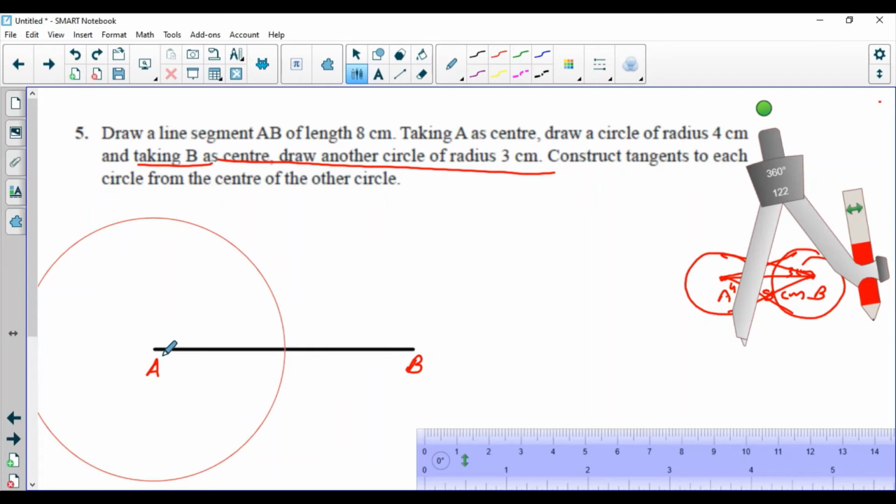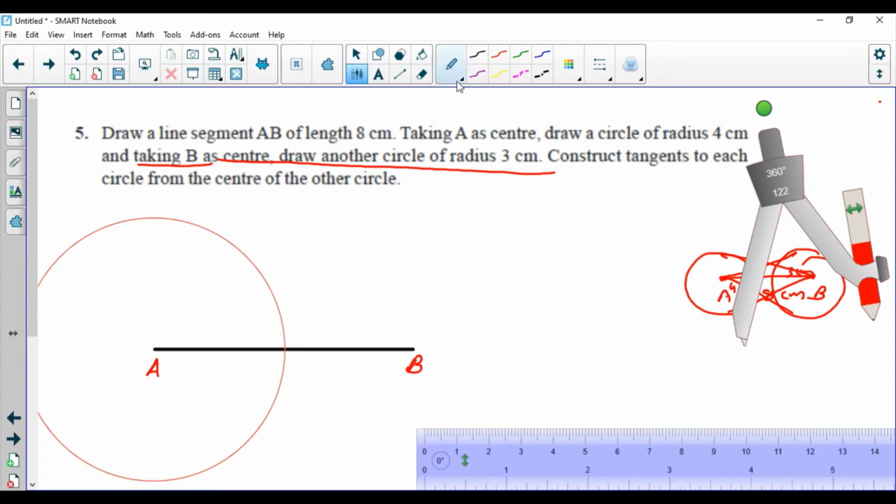And now A you have to treat as an outside point. Are you getting? Okay, so we will do the same steps as we did in question number 1. First we draw a circle with center A and B will be the outside point. From B we can draw the tangents. Then for the circle of center B we will draw the tangents from A; that time A will be our outside point.